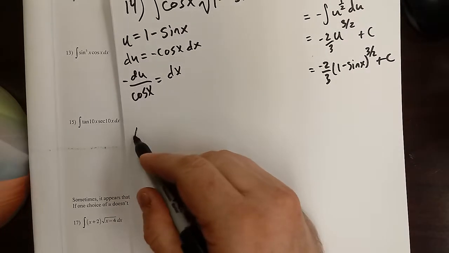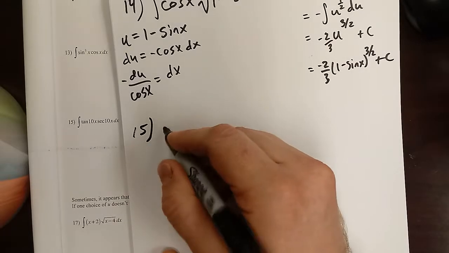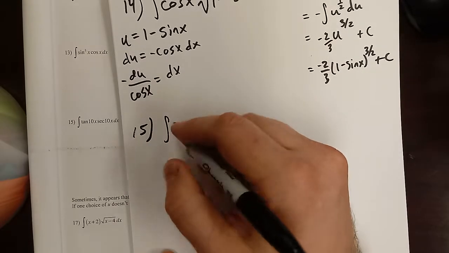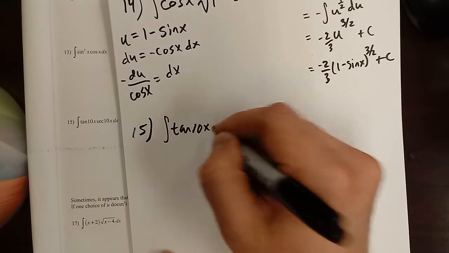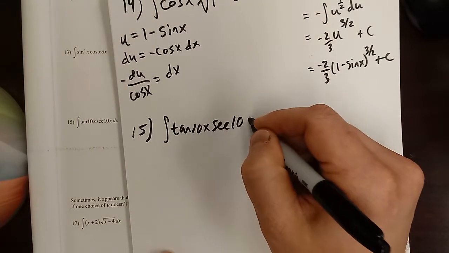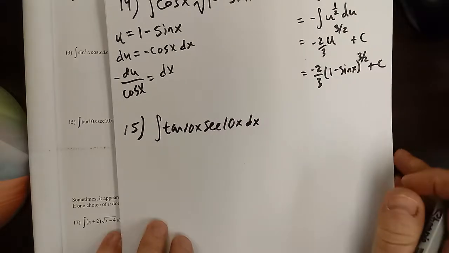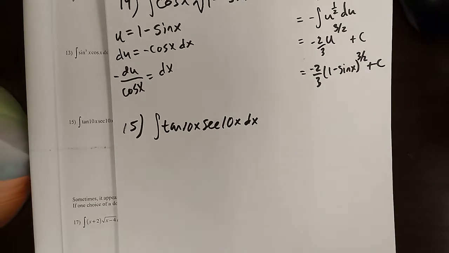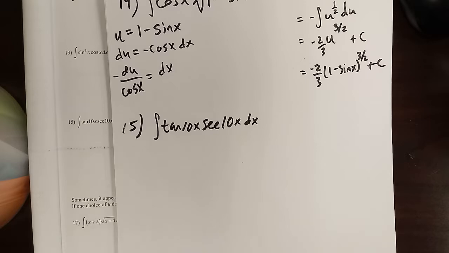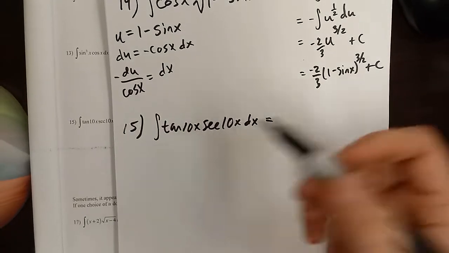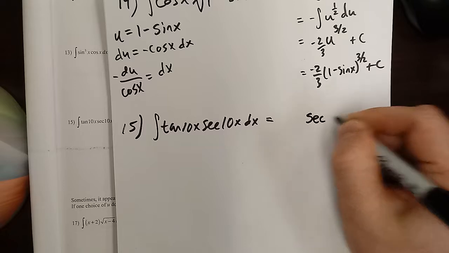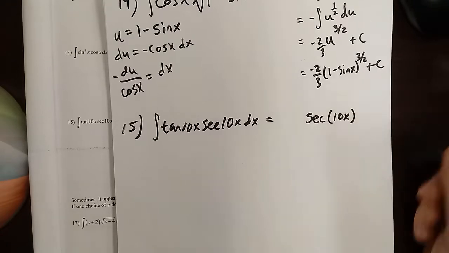15. So 15 is another one that I legitimately would not do u substitution. It's tan 10x secant 10x dx. The thing that I should recognize here is that it says tangent 10x secant 10x. That's like tangent x secant x, or secant x tangent x. Its antiderivative is just secant of that.